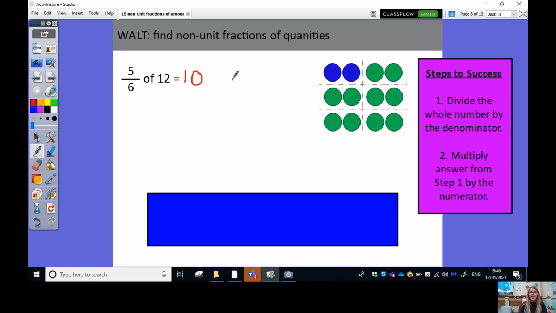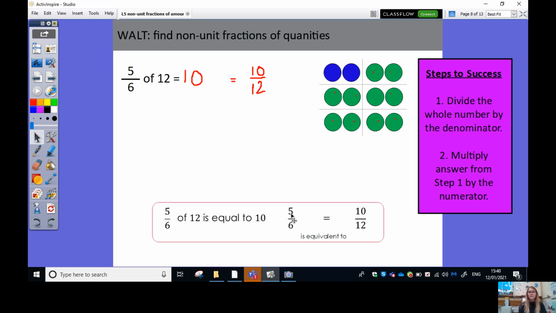So that is the same as saying 10 out of 12 counters is the same as 5 out of 6 counters. So this is what we started to look at in our previous lessons. So 5/6 is equivalent to 10/12. So I can now start to see my equivalent fractions a little bit more.